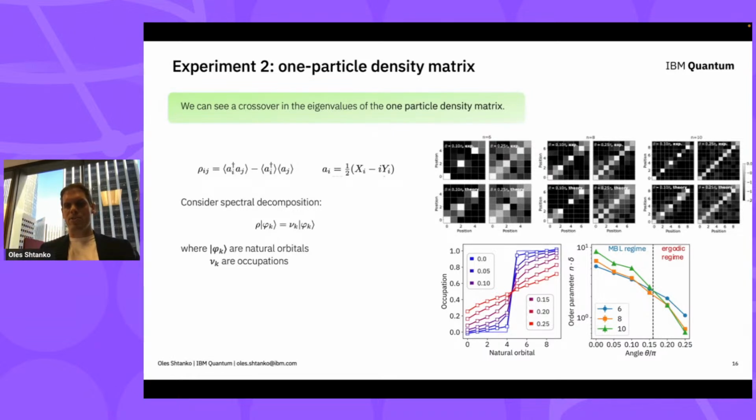And this crossing is very important because it also allows us to identify the position of the phase transition, which is, you see, around 0.16 pi. So we get this exciting correspondence between something we can measure in the lab and what we simulate. And this is a good sign that the system we study is actually the system we have in mind theoretically.